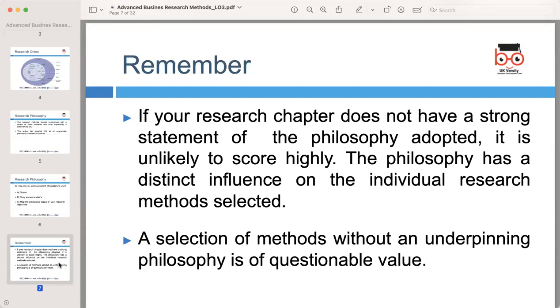Don't underestimate its significance. By doing so, you will demonstrate a thoughtful approach to your research and increase the chances of achieving a higher score and greater academic success.